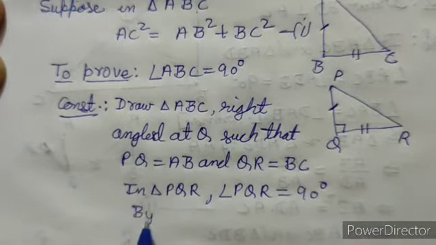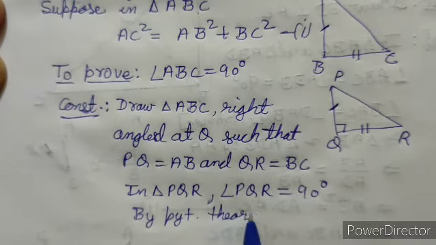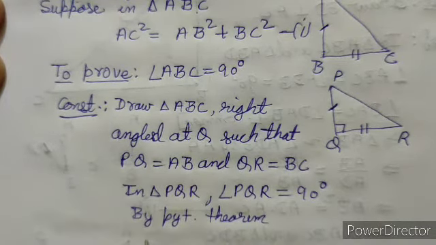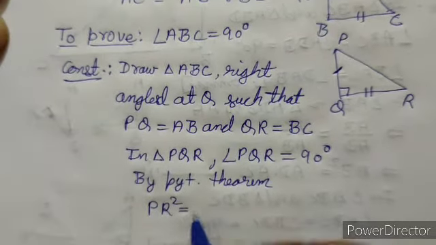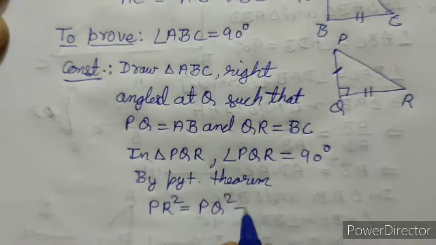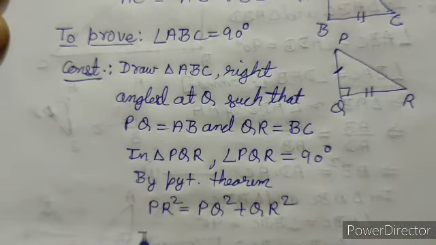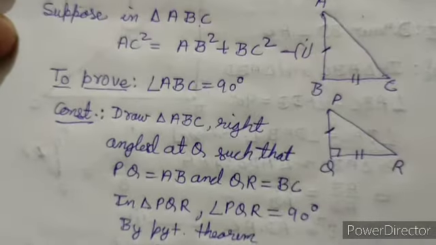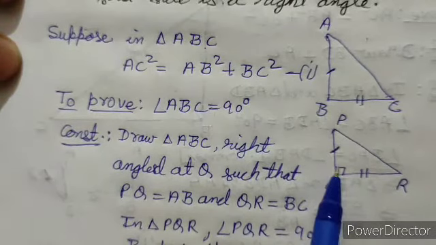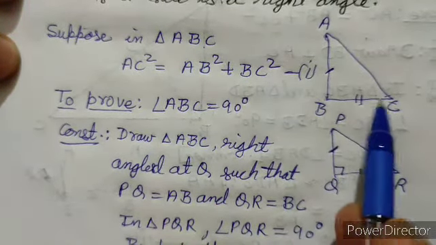So by Pythagoras theorem, we can say that PR square will be equal to PQ square plus QR square. Now PQ, here we have drawn PQ equal to AB and QR equal to BC.